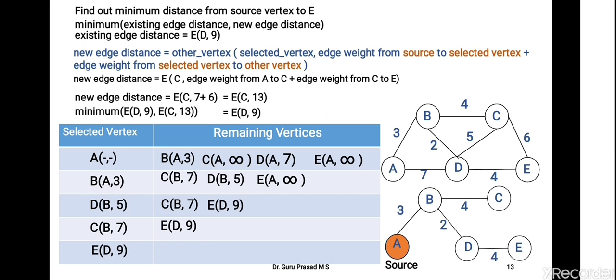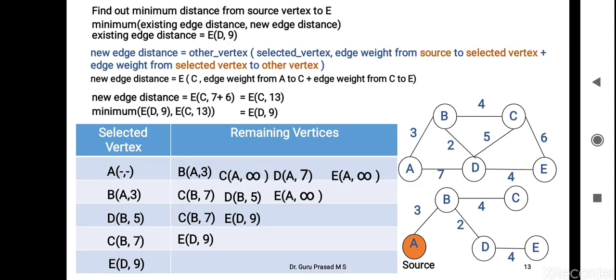I am selecting the edge D to E, which is 4. E of D comma 9 indicates the distance from the source vertex A to the vertex E is 9, 3 plus 2 plus 4, 9, and I can reach the vertex E with the help of the vertex D.